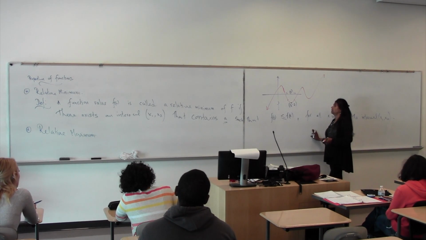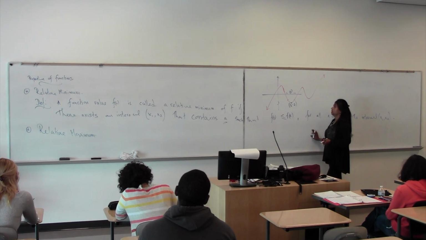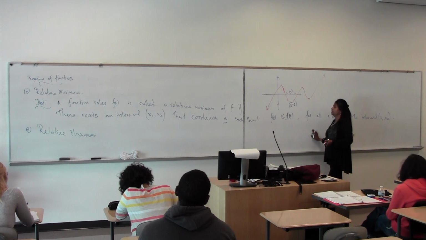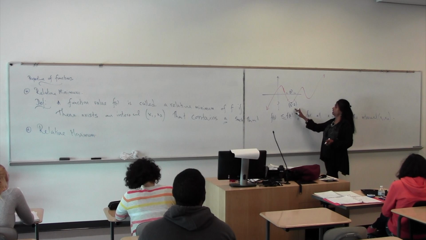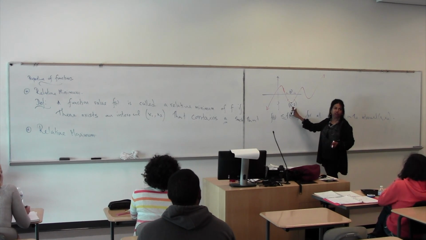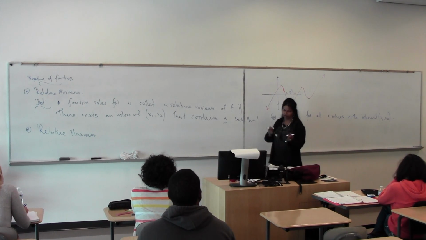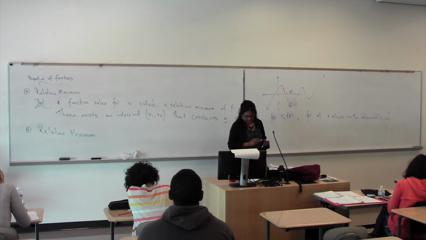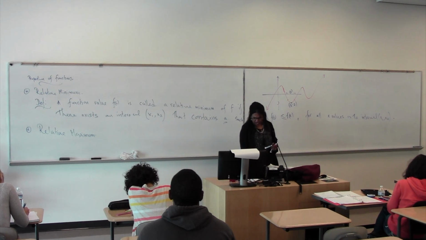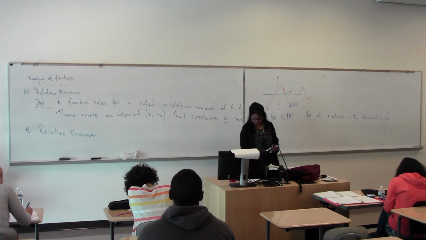So we are supposed to say like this: the relative minimum is at, because that's a value, we don't give a point. When we say relative minimum, we say what? F has a relative minimum at 3.